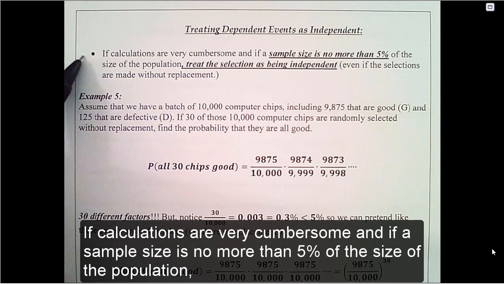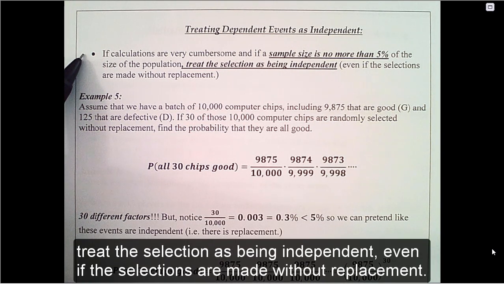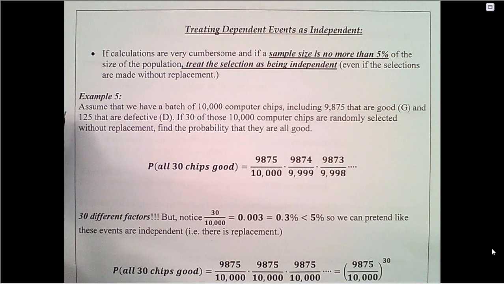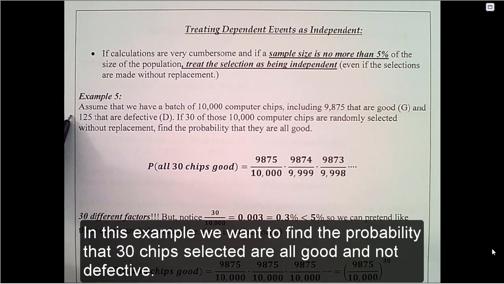If calculations are very cumbersome and if a sample size is no more than 5% of the size of the population, treat the selection as being independent, even if the selections are made without replacement. In this example, we want to find the probability that 30 chips selected are all good and not defective.